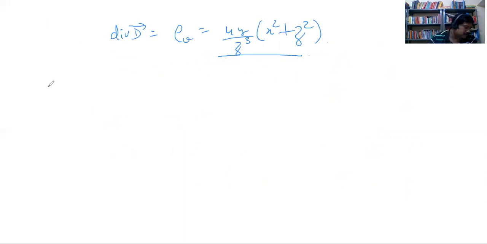So the next topic is again an interesting topic, the vector operator del. Some call it nabla, I will call it the vector operator del.